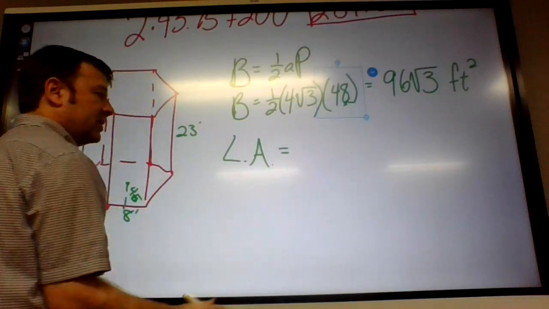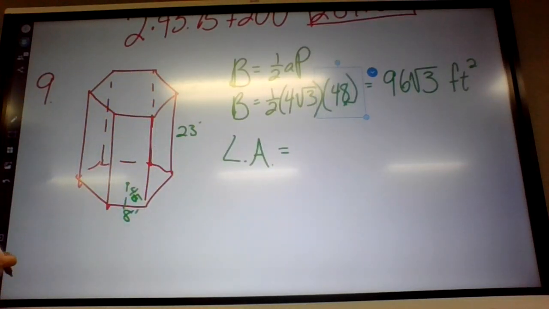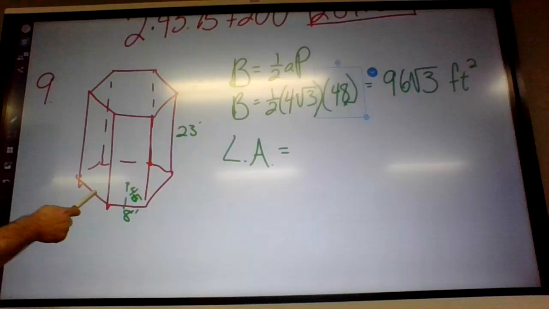Okay, now we have to do lateral area. How did we find lateral area? Come on, we've done it like 3 or 4 times already. Anybody remember? No, that's the total surface area.